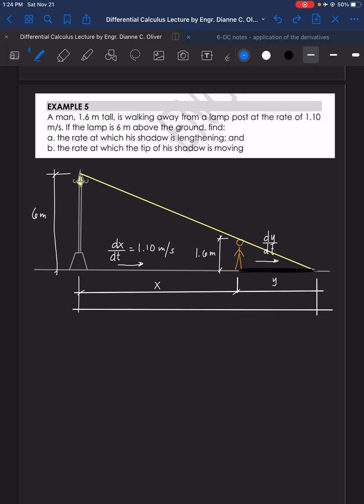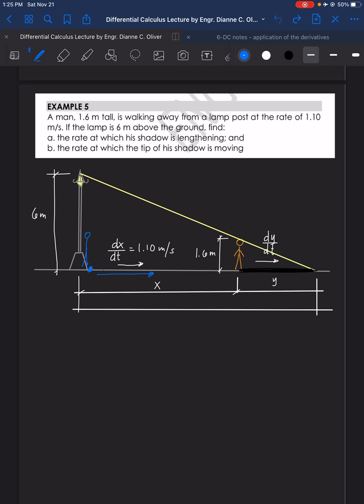Meaning, the man is standing near the lamp post. So the man is here, and the tip of his shadow is located here. As he is walking farther away from the post, the tip of that shadow keeps on moving until it reaches this point. So what is now the distance that the shadow has moved?